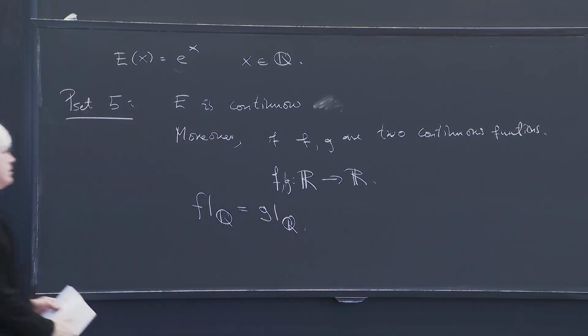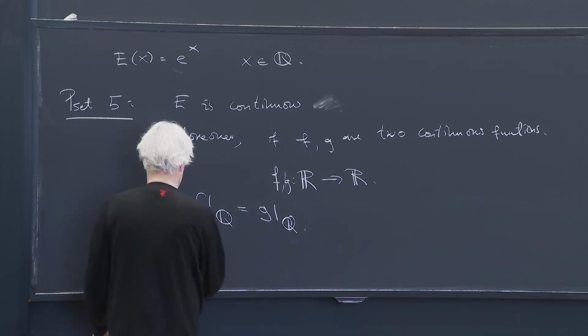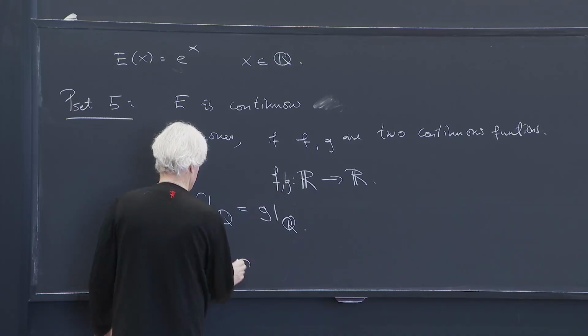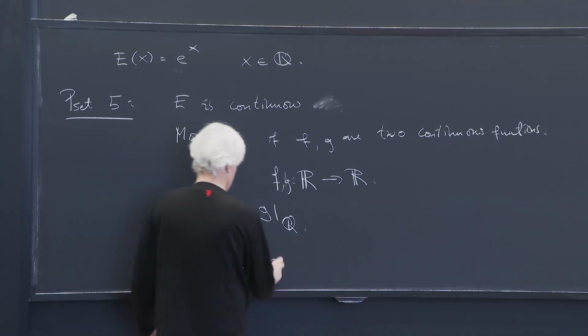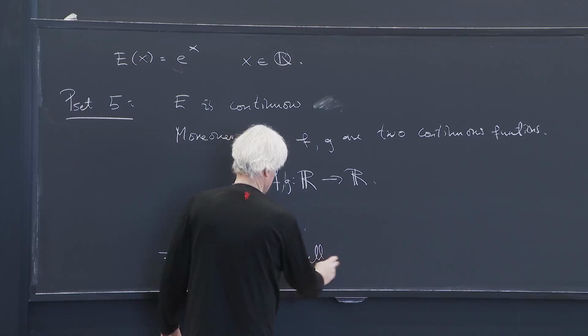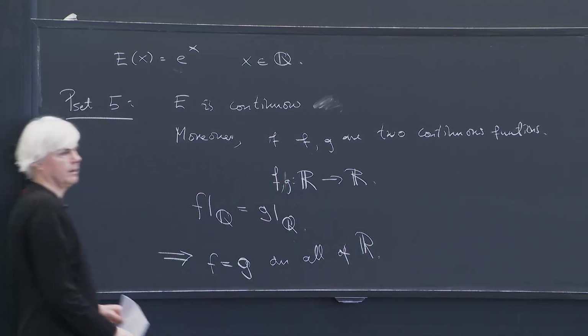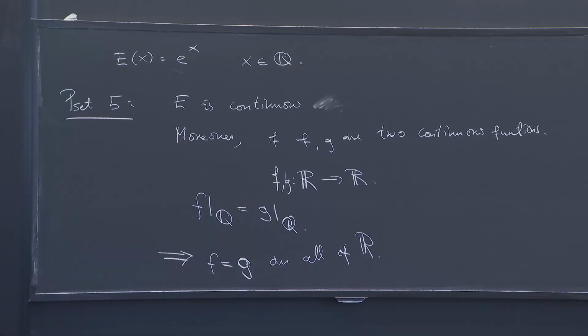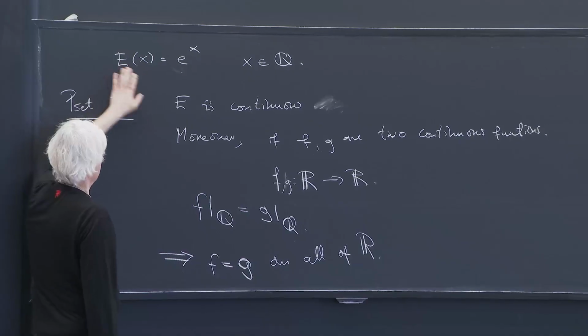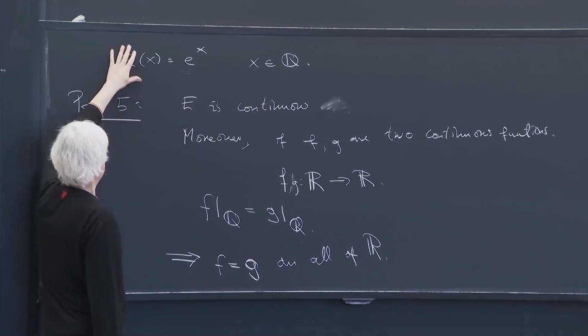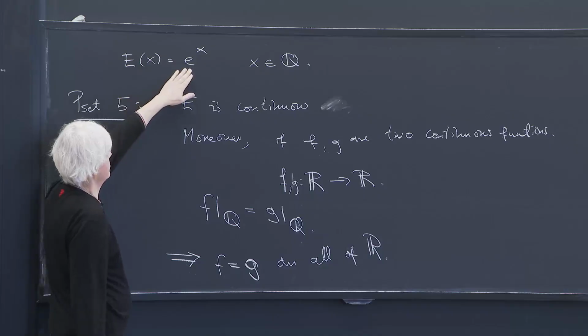So if they're both continuous and they agree on the rational numbers, then actually they must agree everywhere, on all of R. Okay, so in other words, this function by p-set 5 is a function that's continuous on all of R. It agrees with this function.